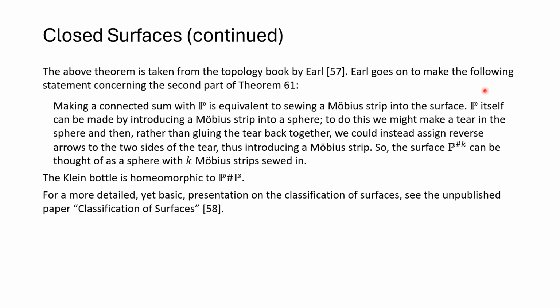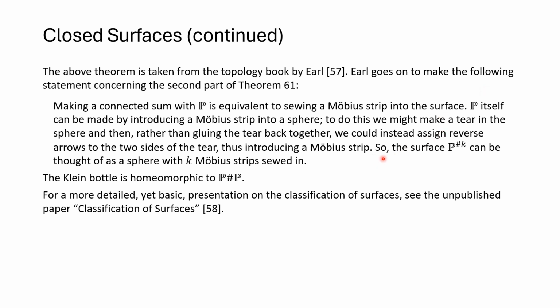P itself can be made by introducing a Mobius strip into a sphere. That was where we talked about the cross cap in the previous lesson, where you make a tear and then twist the two sides of the tear together in a rather complex way to get a cross cap.